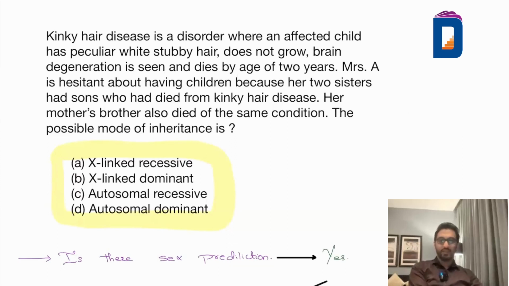So two charts should come into my mind. That's where systematic learning is going to help you. The first two charts we studied: is it sex-linked or not? If you see this, that chart should come into your mind, and from that chart you're going to analyze this question.